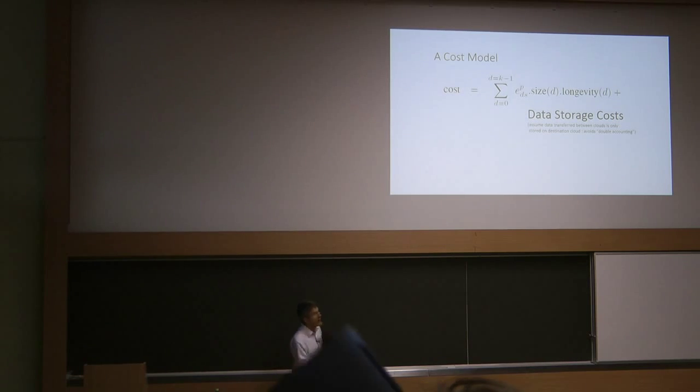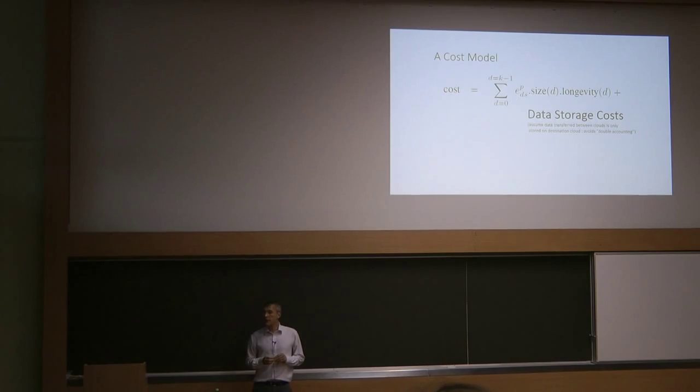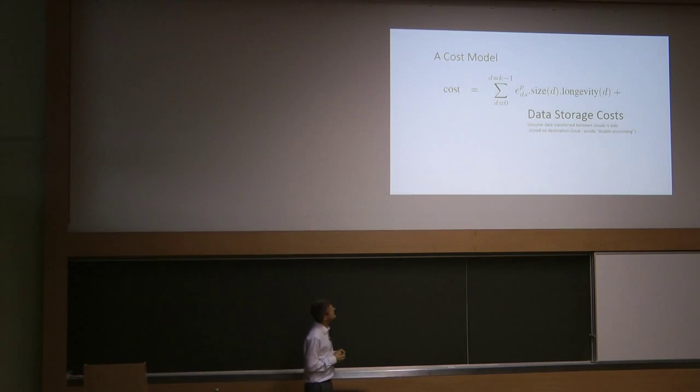For each item of data that we have in our application, if we can estimate the size of it, and I'll talk about how we might do that later, and we multiply that by the length of time for which that data is stored, then we multiply those two together, and we multiply it by this E d.s figure, which is what I'm using as the unit price for storage that the cloud provider is charging. So this is what you can get from the website of the cloud provider.